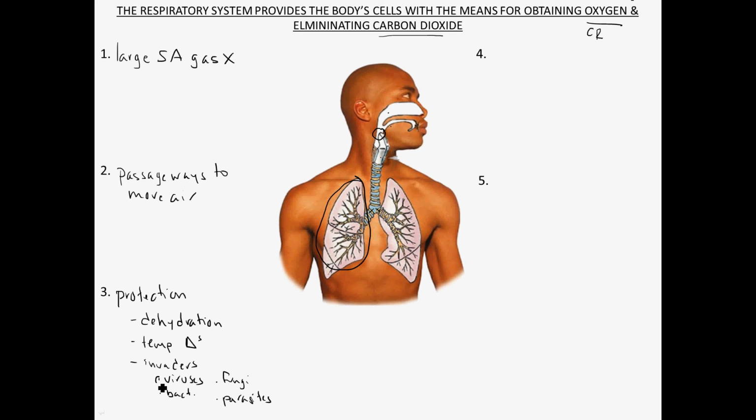But really the big ones are the viruses, bacteria, and fungal spores. Because this is open to the outside world, if you had one of those get in here and get across this membrane, you could go systemic into the cardiovascular system and have all sorts of problems. So there are mechanisms in place to protect against those things infecting us.